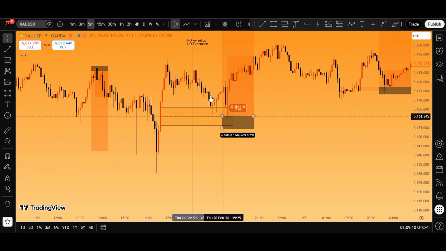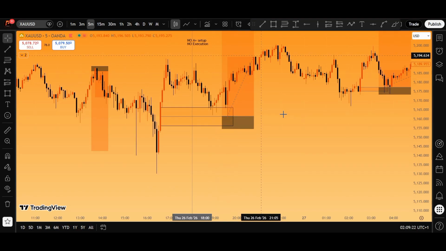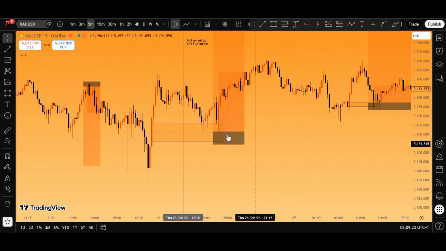So it kind of looked like the missed entry here, but I was patient. I just waited, and price came, tapped the midpoints, and then started to go up. As you can see, very nice sniper entry right there.